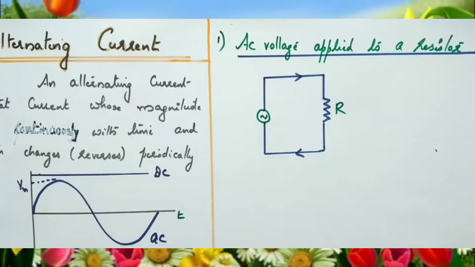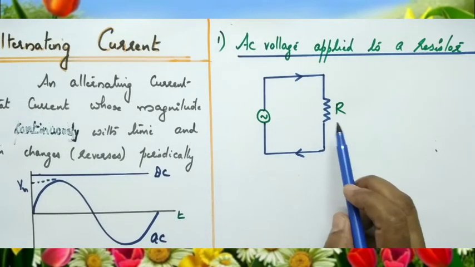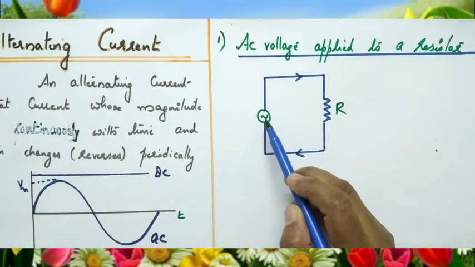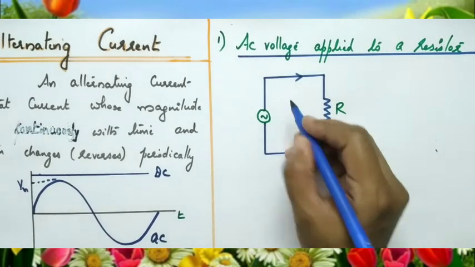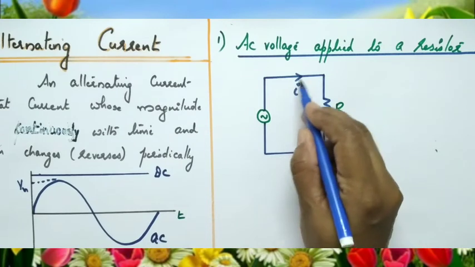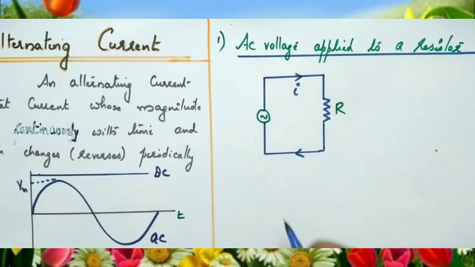Study the first one, AC voltage connected to a resistor. What happens when an AC source is connected to a resistor R? This is the representation of an AC source. If that AC source is connected to a resistor, it produces an AC current I, usually represented by small letter i. So I be the AC current flowing through the resistor.